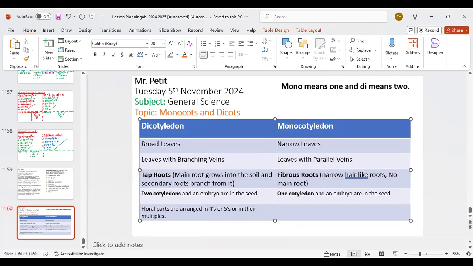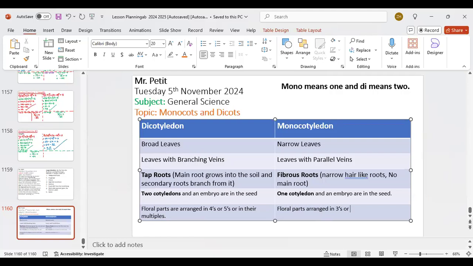Now, what are the multiples of 4? Multiples of 4 are what? 4, 8, 12, 16, 20, 24, 28, 32, 36, 40. Very good.